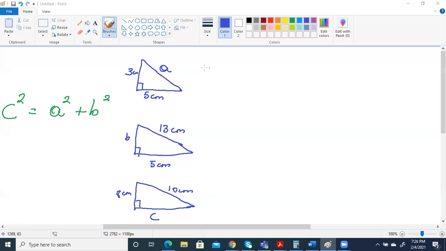So if we're using Pythagoras theorem, it's saying c squared, we'll just use a different color, c squared is equal to a squared plus b squared. So what I want you to realize is that although the unknown here is a, and there's an a in the formula, what the formula represents is really just saying the c is the hypotenuse, and these two a's are the other two sides.